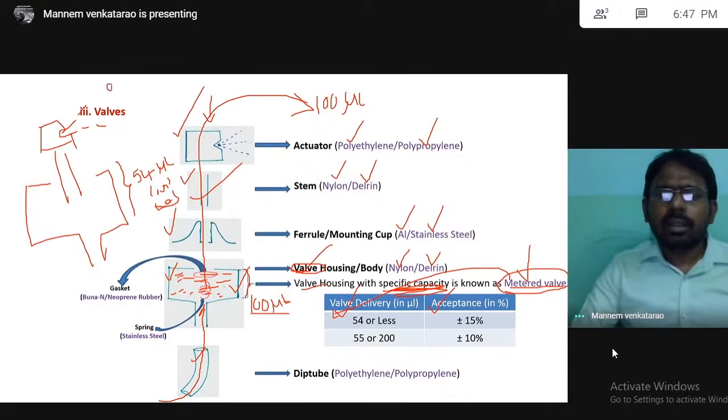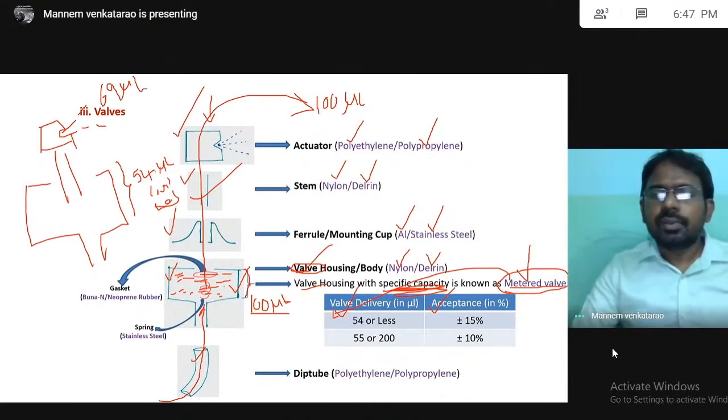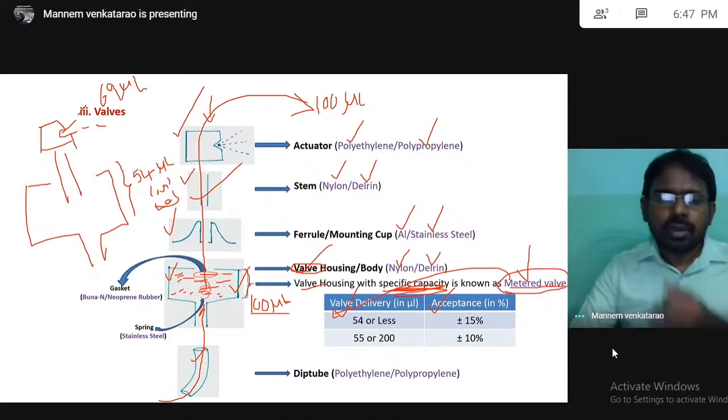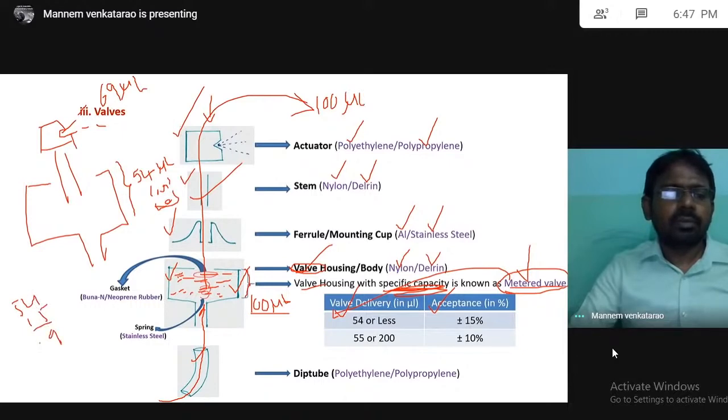54 plus 15 is 69 microliter. Now remove 15 from 54, which is 39 microliter.